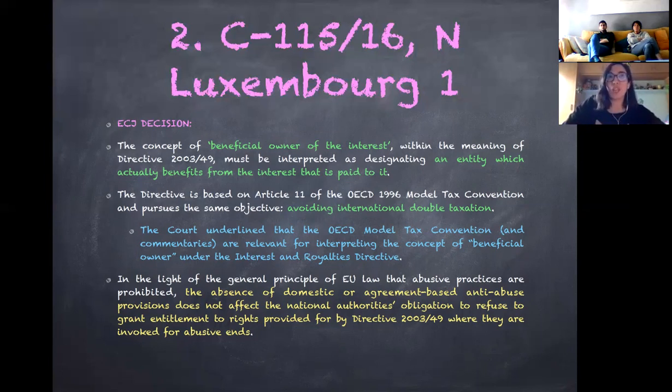So, something new for the ECJ case law, in this case, the European Court of Justice has used the OECD Model Tax Convention for the interpretation and application of a European regulation, in this case, a directive.